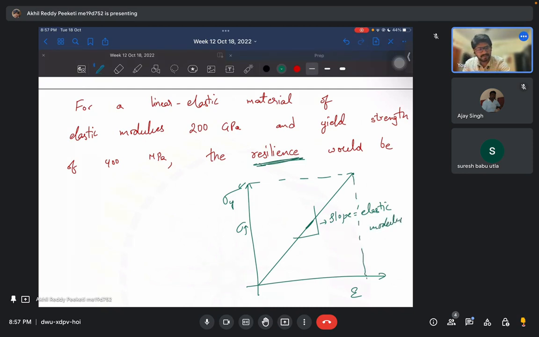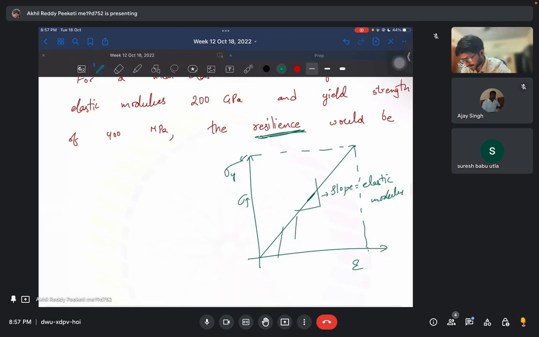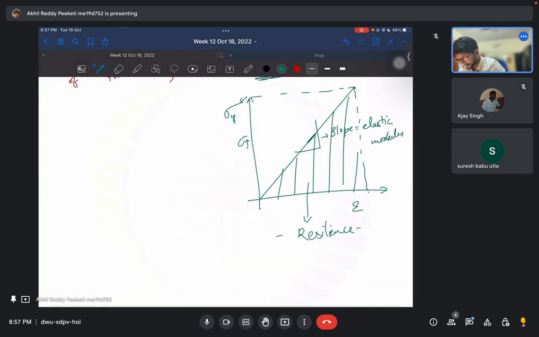What is resilience? The area under the curve in the elastic limit is the resilience. So how can I get this? The area under the curve is half into sigma y into epsilon y, because it's a triangle, half into base into height.